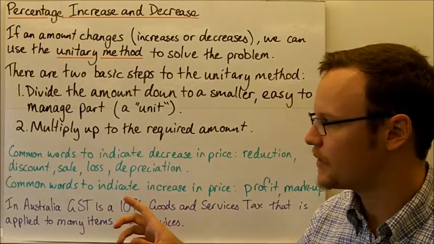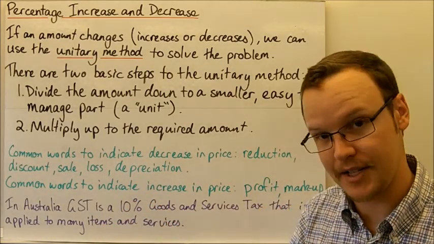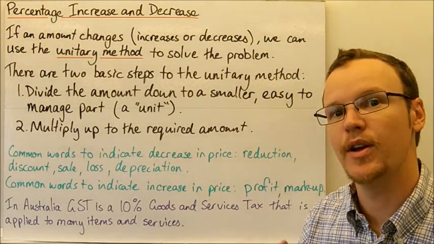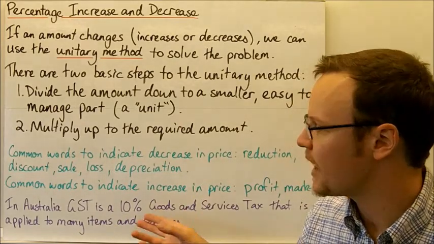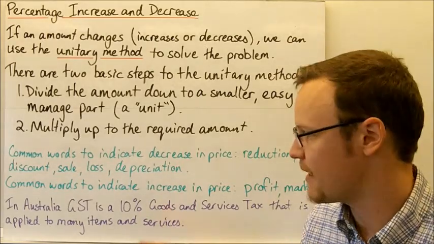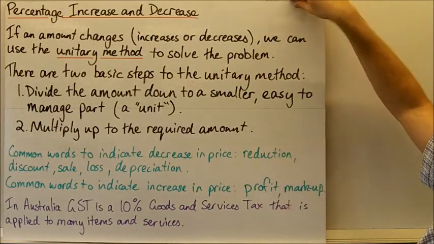So the way this is applied is that you as a consumer pay the extra money, the 10% extra, when you buy your product or pay for a service, and then the person who you've paid then passes that money on to the government as part of that tax.